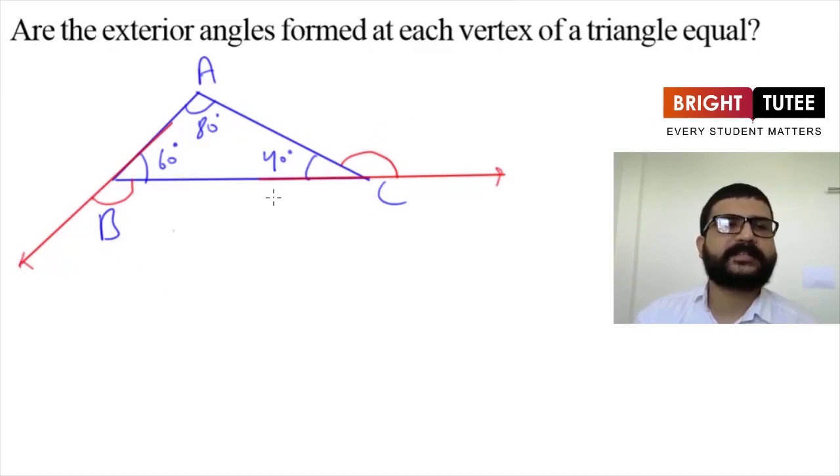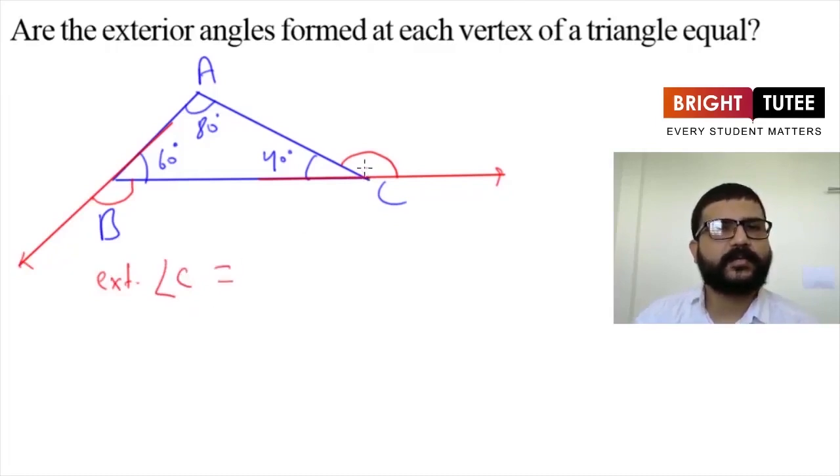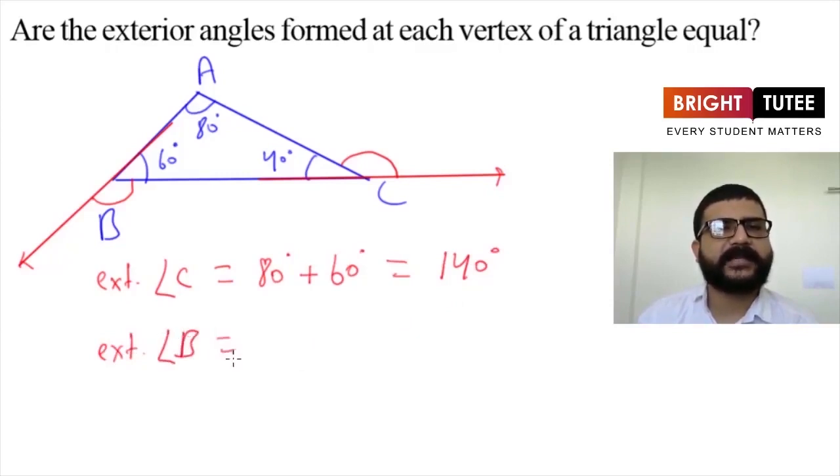Now what can we say about exterior angle C? Here exterior angle C will be equal to the sum of opposite interior angles. By the exterior angle property we can say that exterior angle C is equal to 80 degrees plus 60 degrees, and this is equal to 140 degrees. Now let's find exterior angle B in the same way. This will be equal to the sum of opposite interior angles.